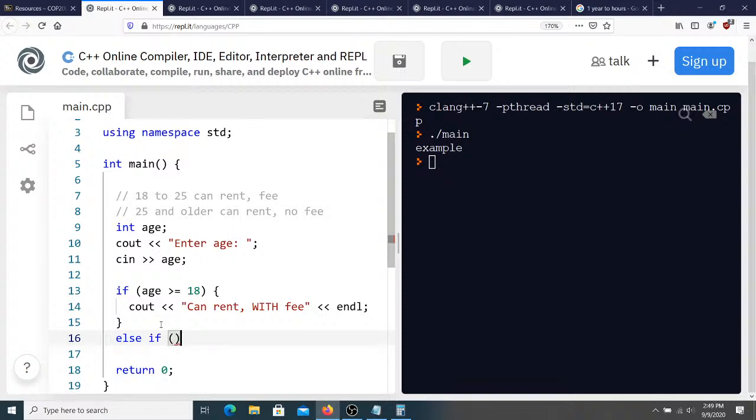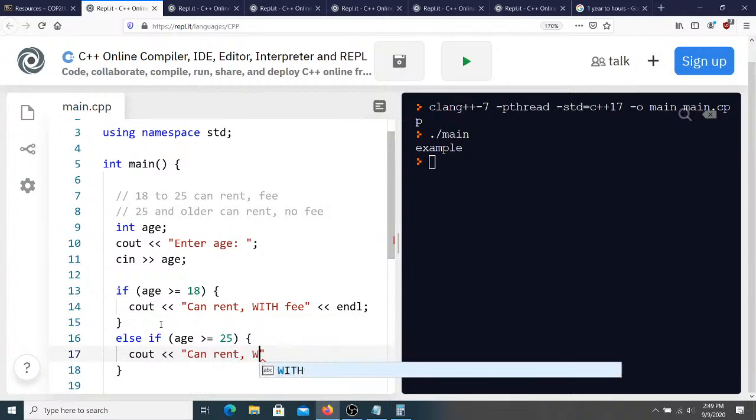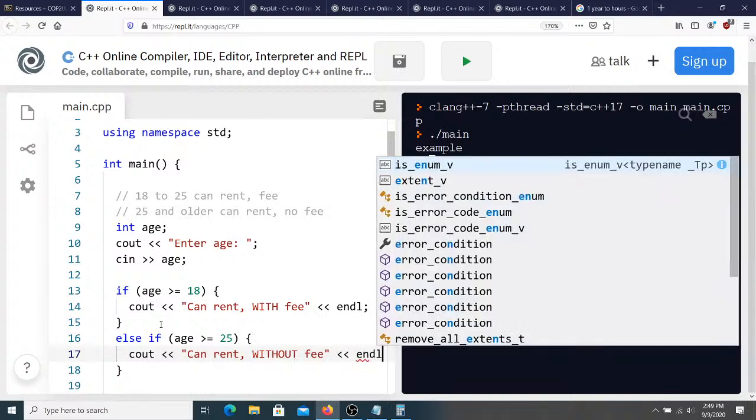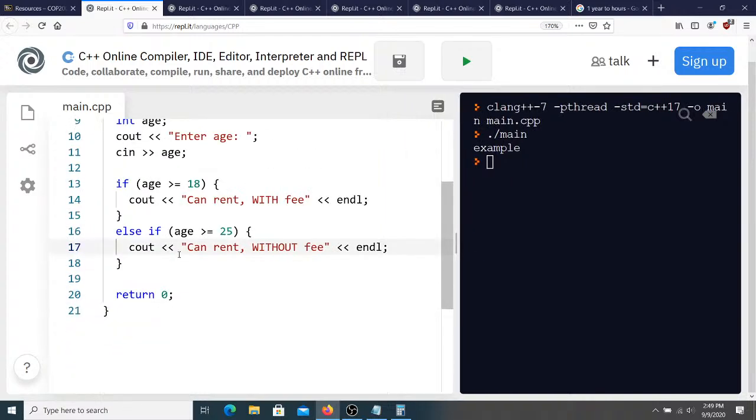Else if age is greater than or equal to 25, you can rent without the fee. And in all other cases, they just can't rent the car.